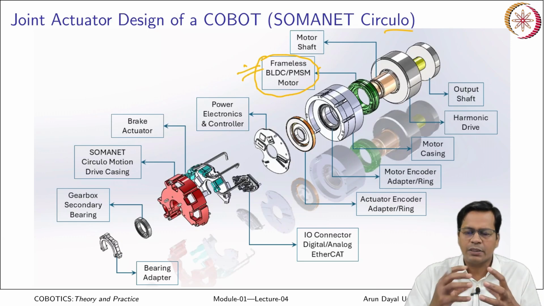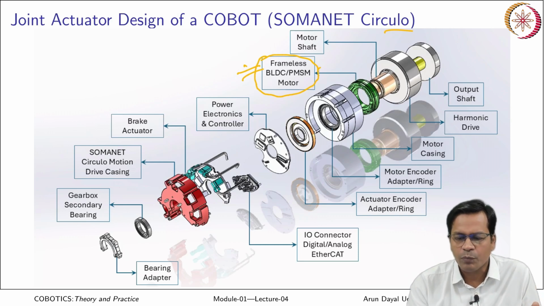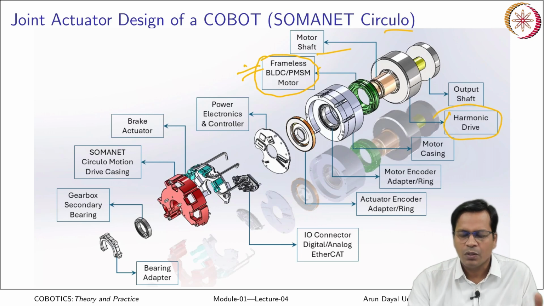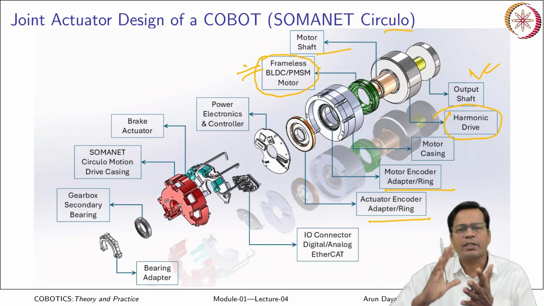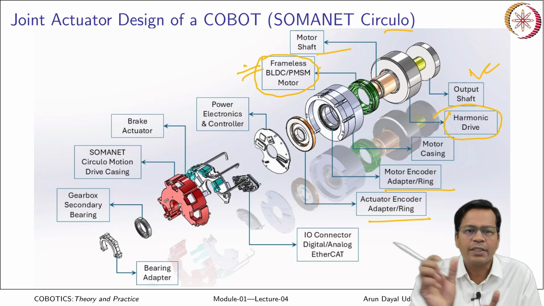Stator and the armature set is there, that goes here, and then motor shaft is designed on top of this harmonic drive, that also goes to the casing, and finally the output shaft is here. You have encoder here, you have encoder here. Again, the difference of two encoders can be used to find out the torque which is there at the joint.